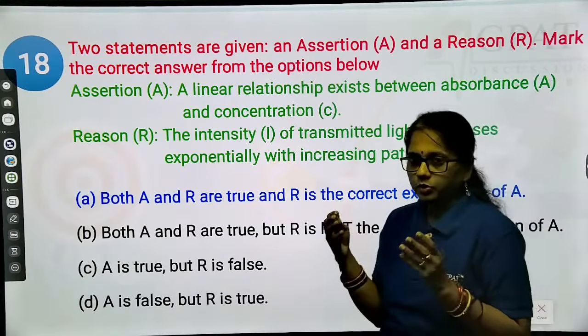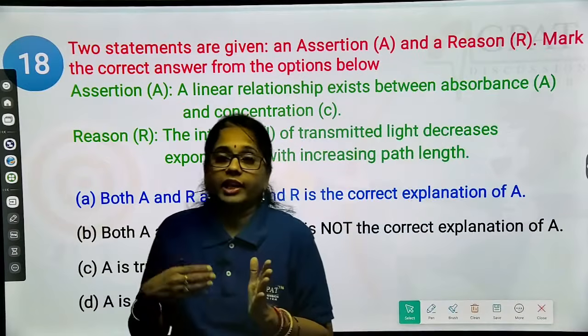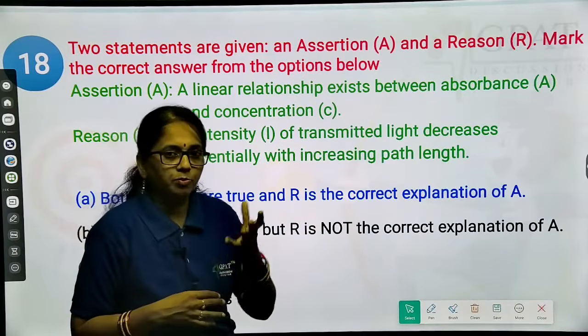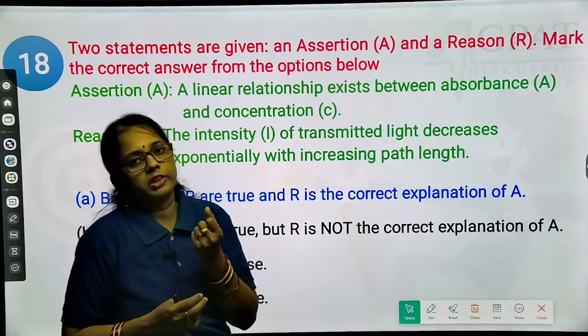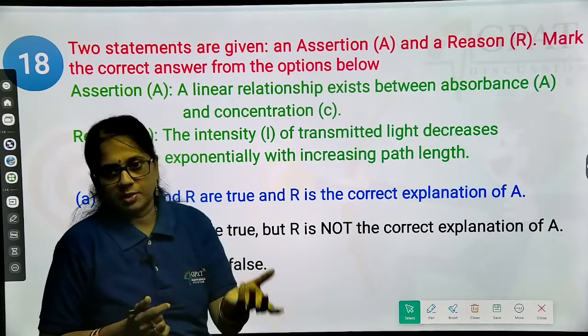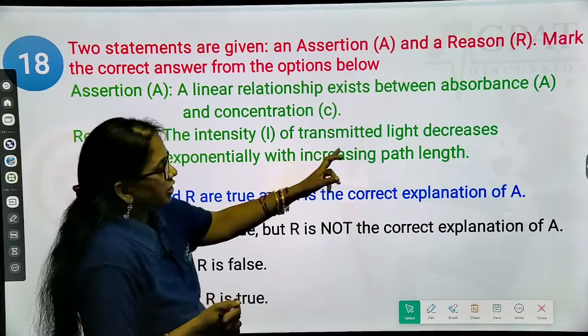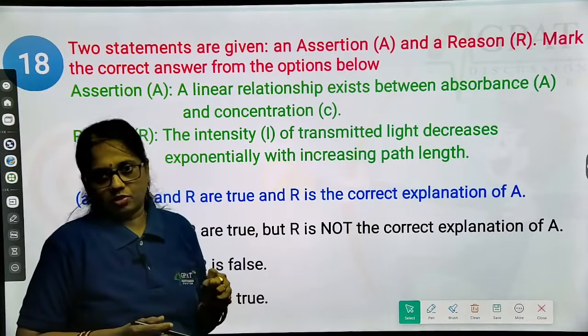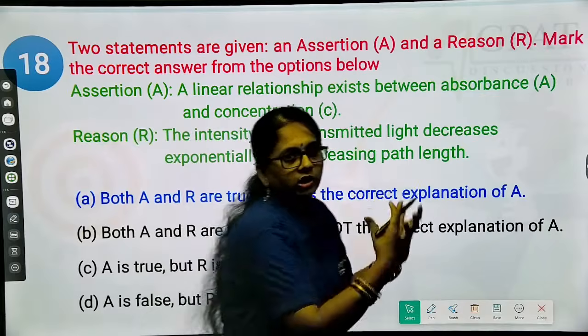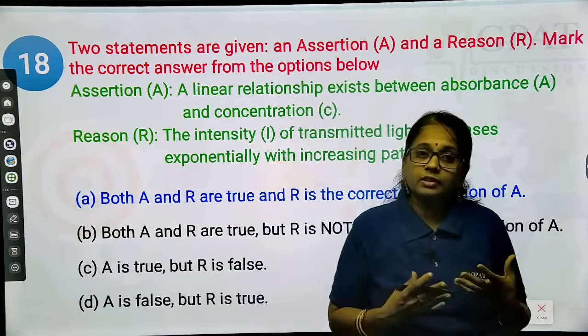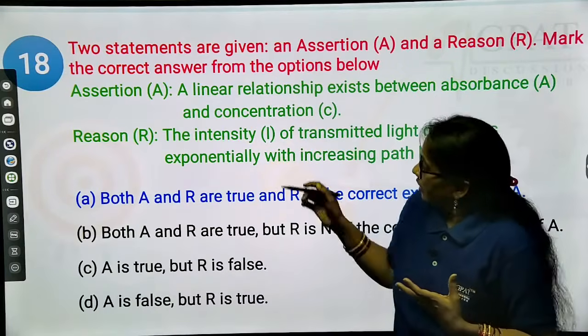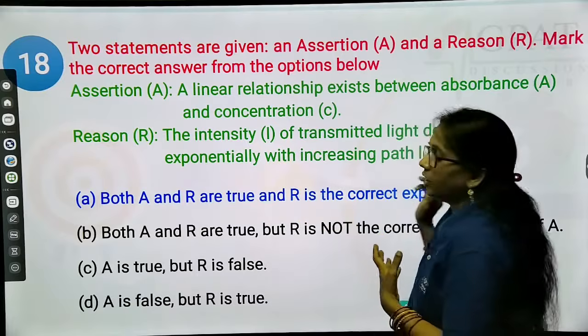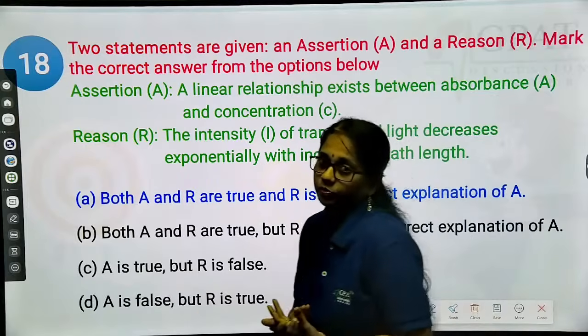So whenever we are giving the light energy, what happens? Something is going to be absorbed, and whatever remains is transmitted. So the intensity of the transmitted light is going to decrease. Whatever the total energy we give, the intensity is going to decrease exponentially with increasing the path length of the radiation.